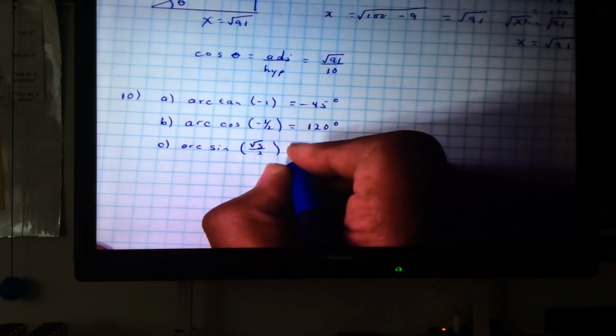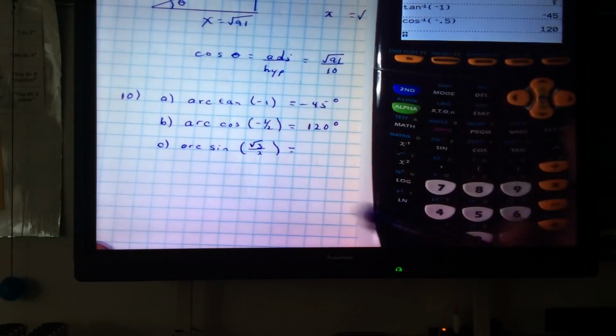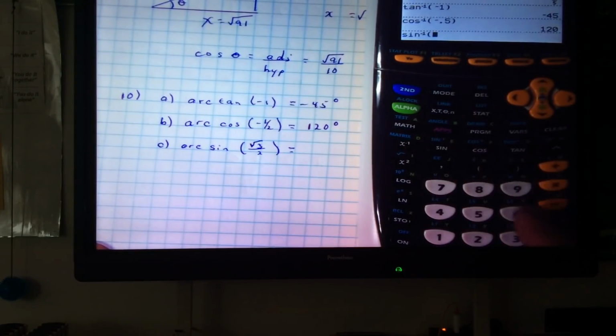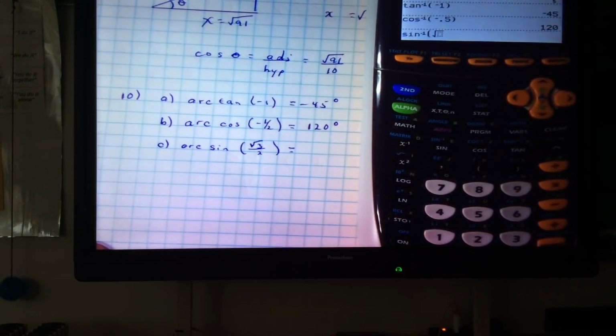Now this should be 60 degrees. So second sine of square root of 3 divided by 2 gives me 60 degrees.